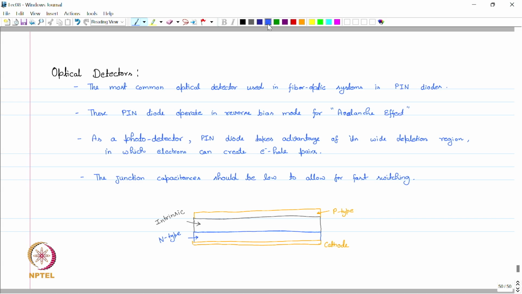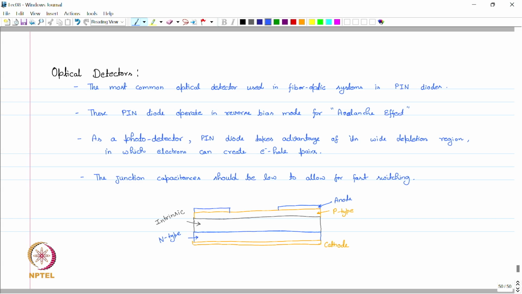And on top of this we have second contact, these are our anodes. Now, we apply a very high electric field in the reverse bias condition across this device between the anode and cathode.